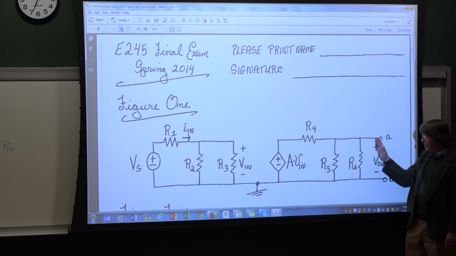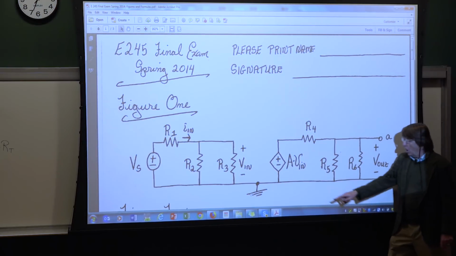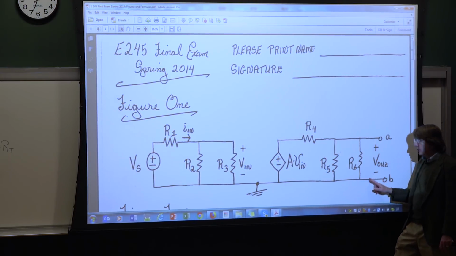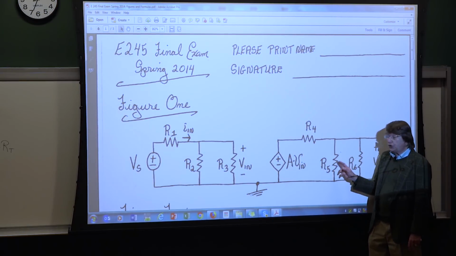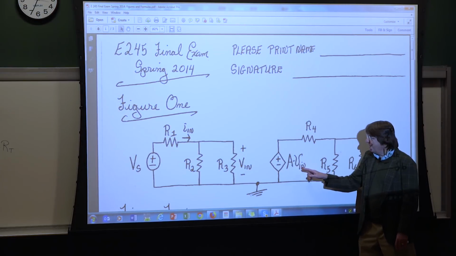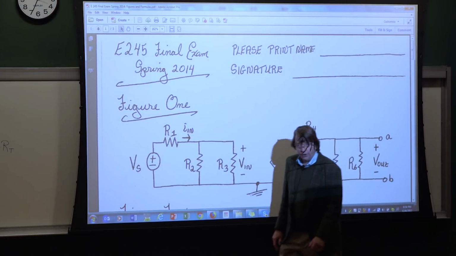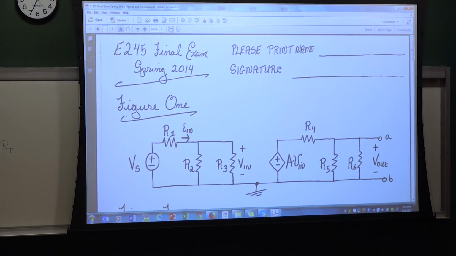I'm not going through R6. There's a short circuit in parallel with both of them. So all the current follows the outer path here. So what we have is I short circuit, using Ohm's law, V over R, is A V in over R4. Dominic, thank you for the assist.